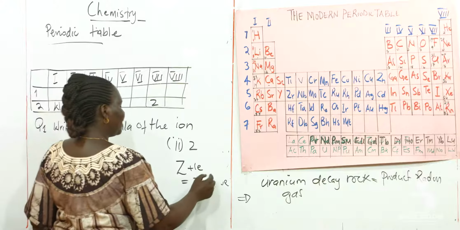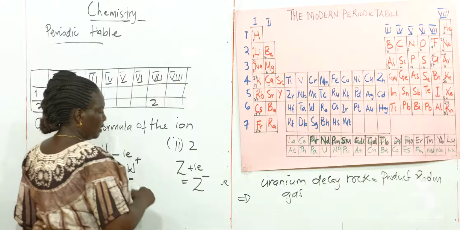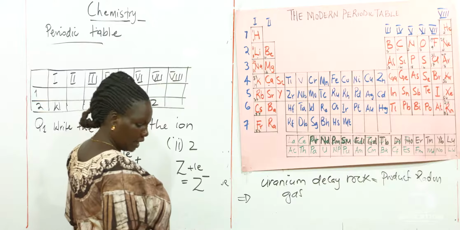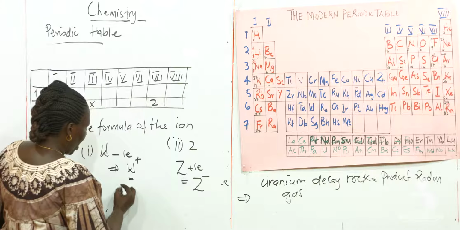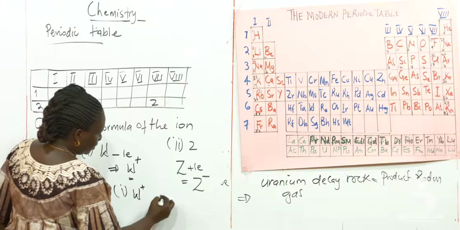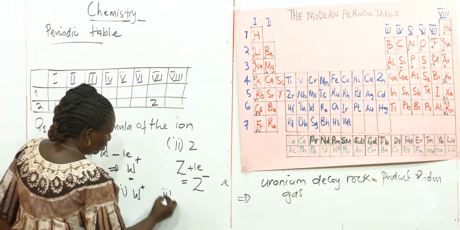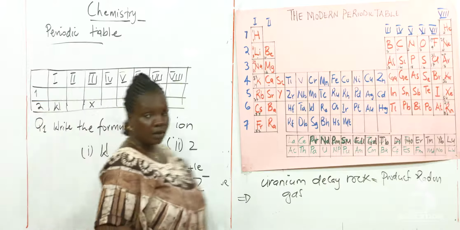This is telling us that we have 1 more electron than proton, because 1 electron is gained. So the ions are: 1, we have W plus, then 2, we have Z minus. These are the ions.